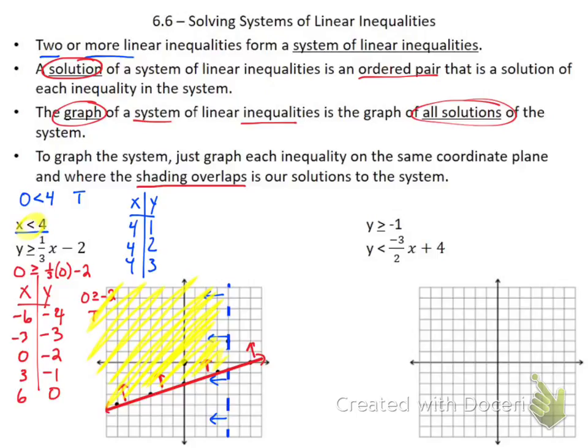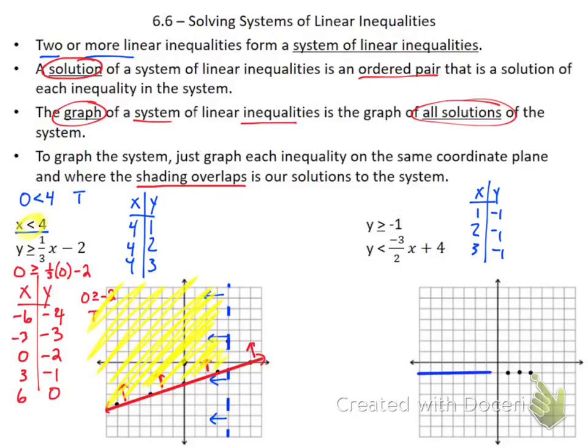The same thing with the second one. y is equal to negative 1. Negative 1 in my column, and then 1, 2, and 3. So when I do that, I get 1, negative 1, 2, negative 1, and 3, negative 1.